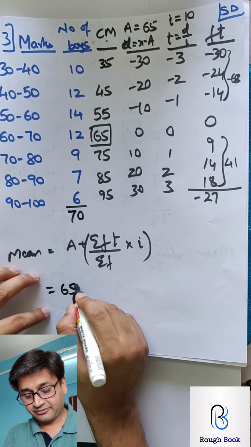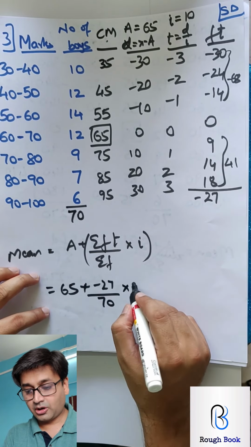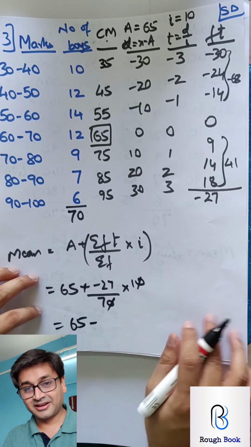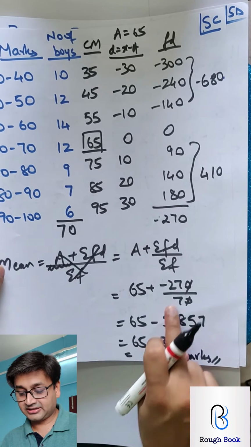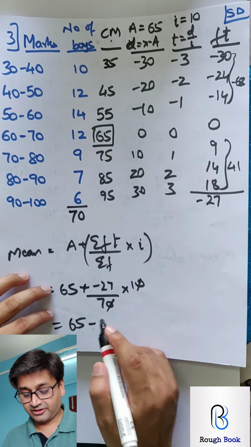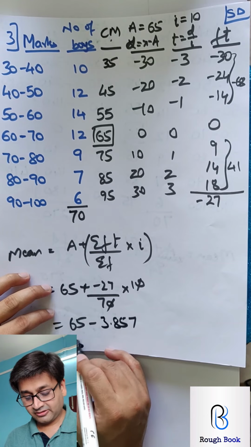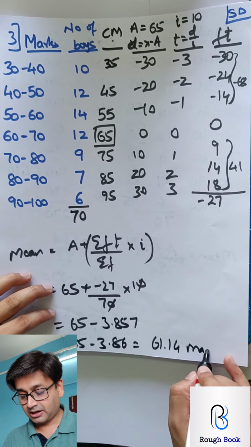A is 65 plus minus 27 upon 70 into I, which is 10. So 0 goes away. 65 minus, cheating again. Don't see over here. 3.857 because 27 upon 7, no? Same thing it is. So minus 3.857. And when you subtract 65 minus 3.86, 61.14 marks.